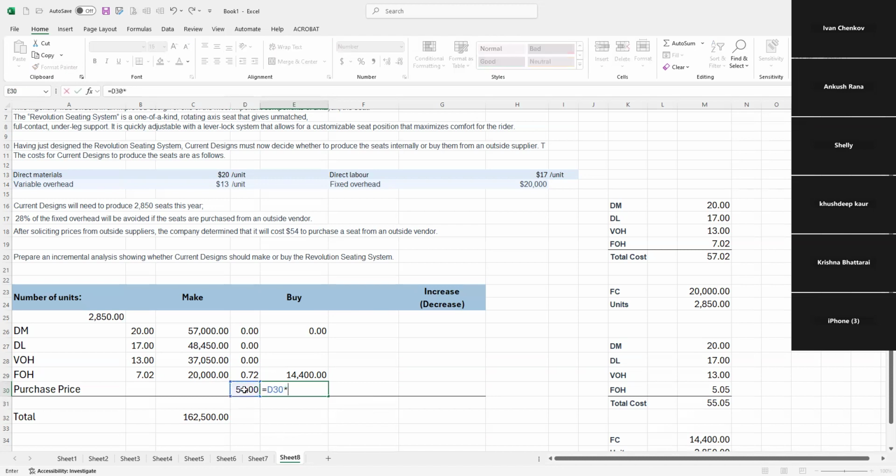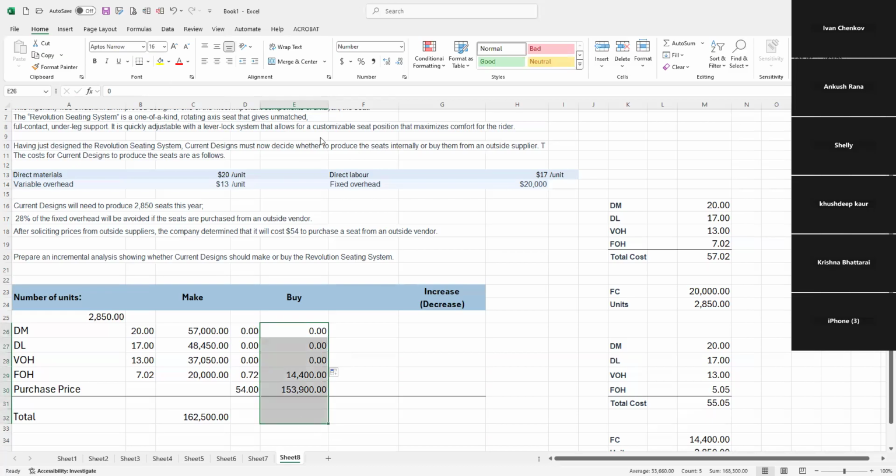It will be 54 times the number of units. This one will be 0, all those will be zeros, correct? How much will be my total cost if I have to buy it? No, actually, it can be avoided. The other one is going to stay.